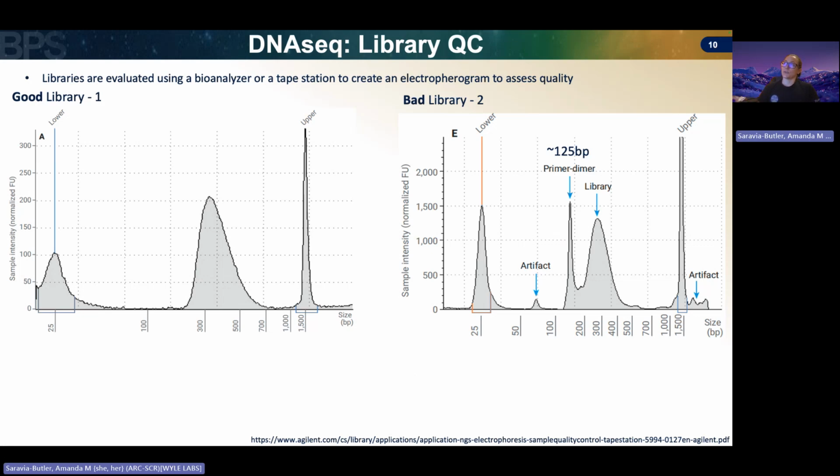And this is an example of what a bad library looks like. As you can see, we have both our lower and our upper markers here. However, we don't just have one nice clean peak at the size that we would expect our libraries to be. Instead, we have our sample peak here, but we also have what's known as a primer dimer. If you remember, after I got done talking about library preparation, I mentioned that there are washes done in between, and that's to remove any additional primers that might still be in there with our libraries that haven't attached to our unknown DNA template.